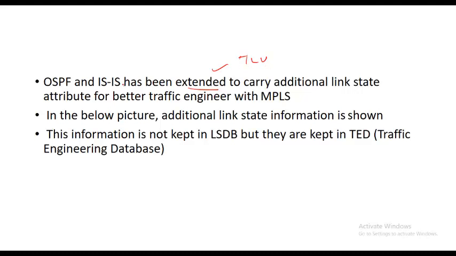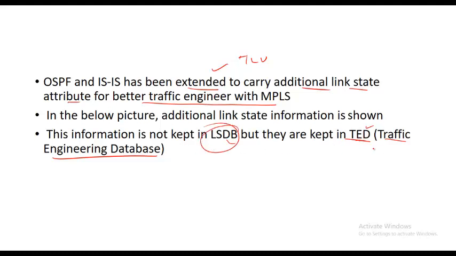Link attributes for MPLS traffic engineering database: traffic engineering interface address, neighbor address, physical bandwidth, maximum reserved bandwidth, unreserved bandwidth, traffic engineering metric, administrative group. You know what interface address is, you know what neighbor address is, you know what physical bandwidth is. Now, reservation bandwidth is the bandwidth that we allocate for RSVP to use.